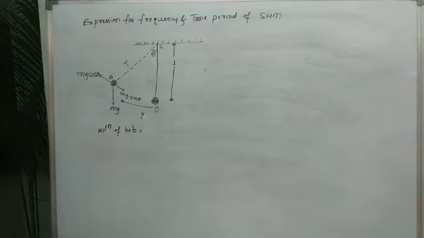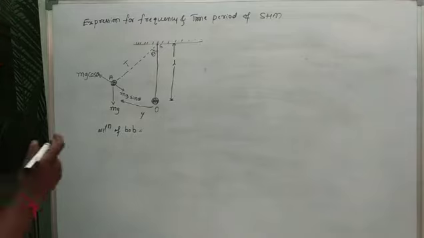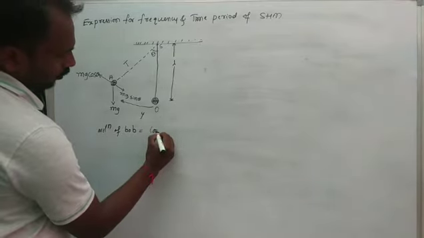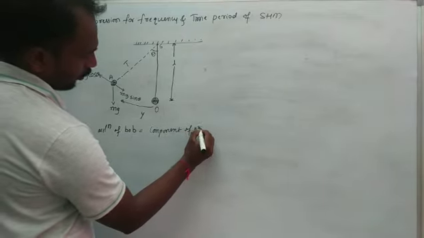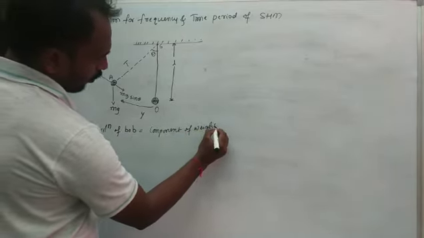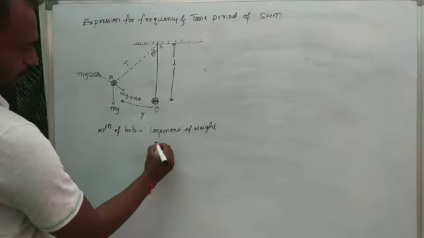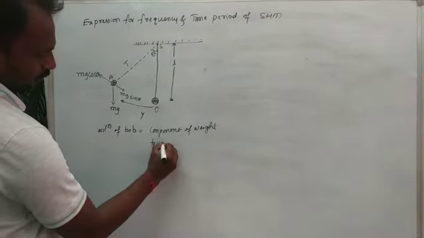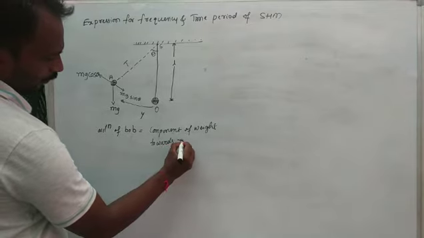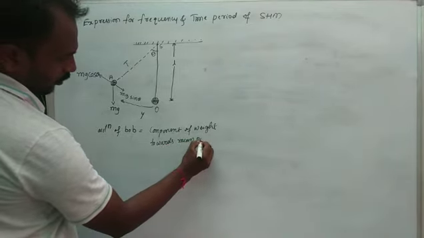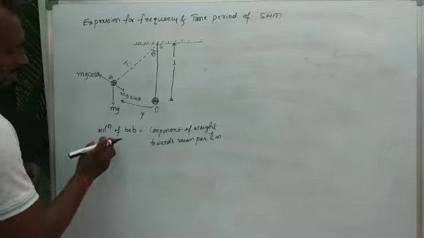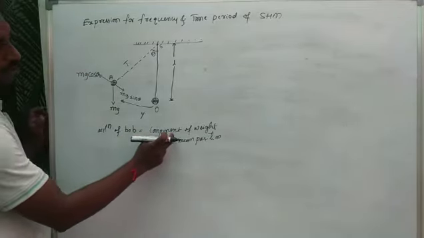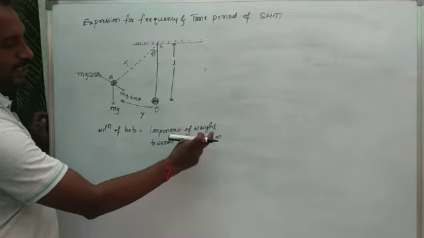So the acceleration of the bob is equal to the component of weight towards the mean position.